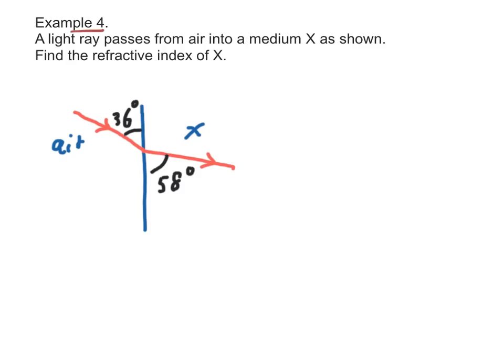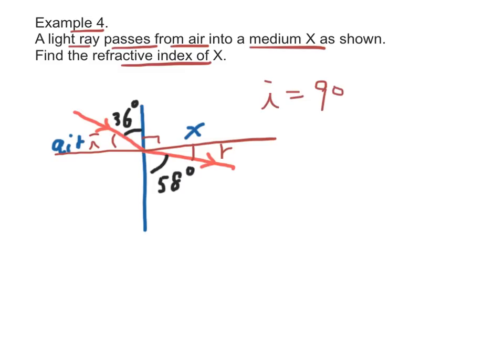Example 4. A light wave passes from air into a medium X as shown. Find the refractive index of X. From the diagram, this is the normal, I, R. Angle of incidence I equal to 90 degrees minus 36 degrees, which is equal to 54 degrees.